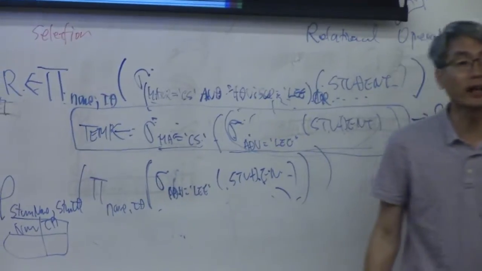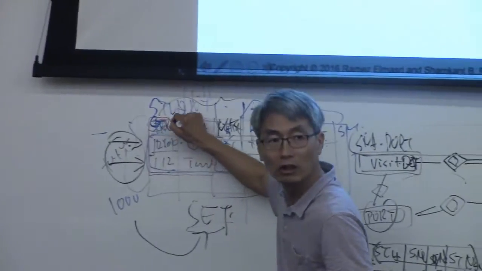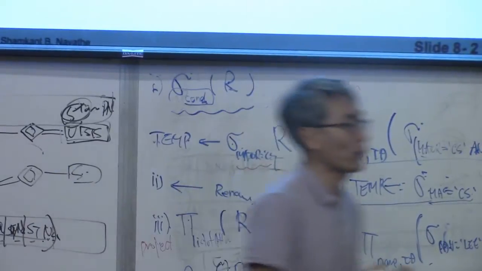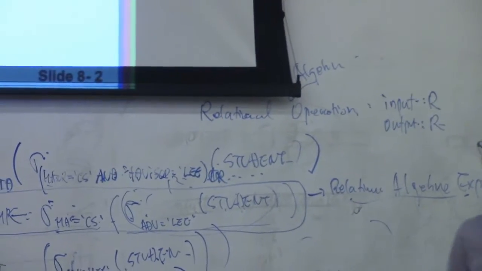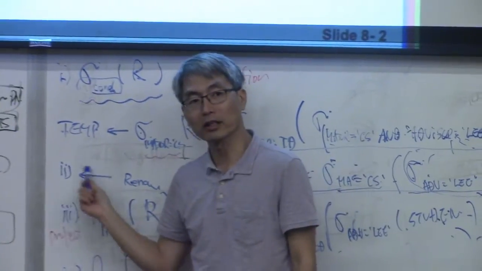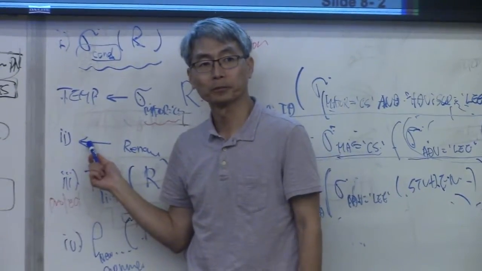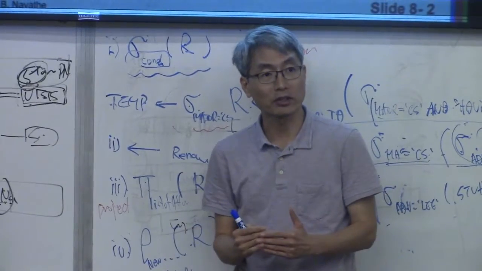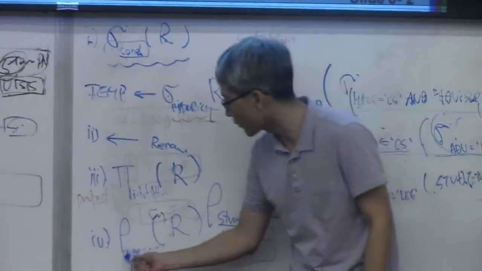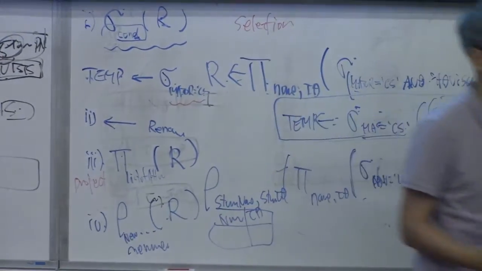Then this one will be changed to student name, student ID using the rho operation. So the rho operation can rename the specific column. On the other hand, this rename is the rename of what? The entire relation. So this is the rename of the relation, and this is the rename of the attribute.